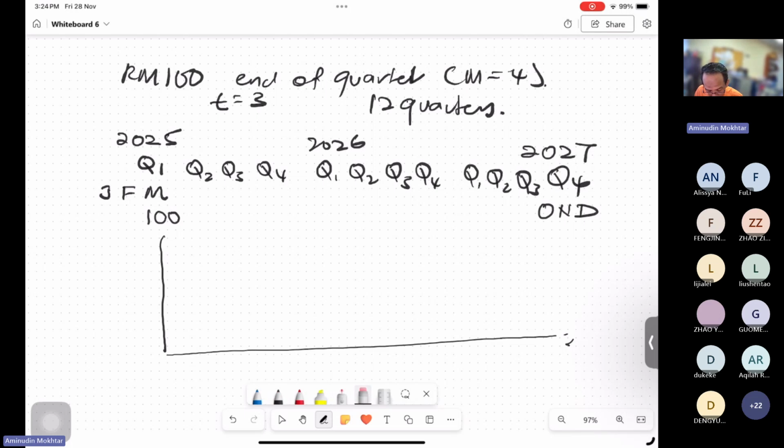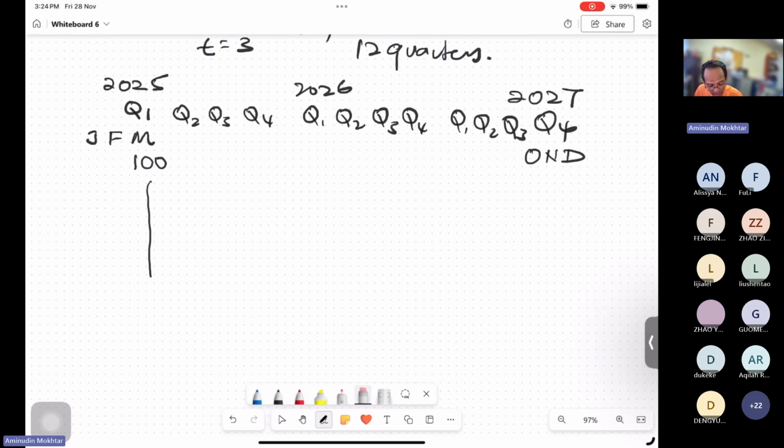we want to see what happened to the first 100. Let's say you keep this money from the first quarter of 2025 until the end of quarter four of 2027.